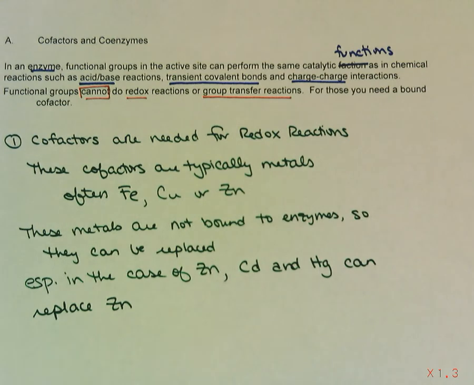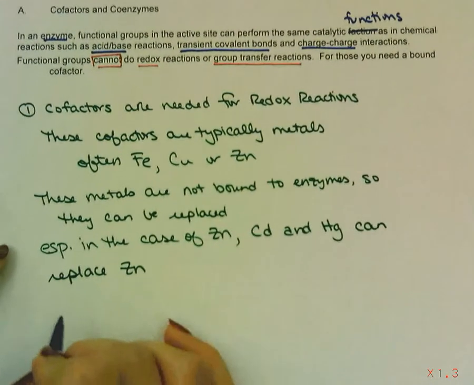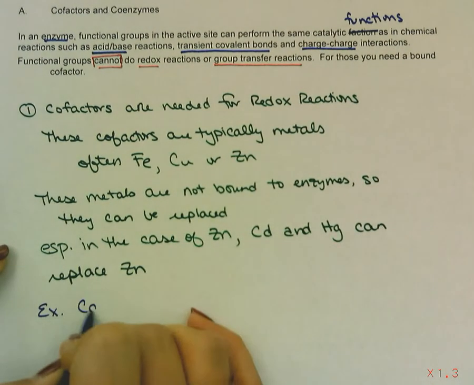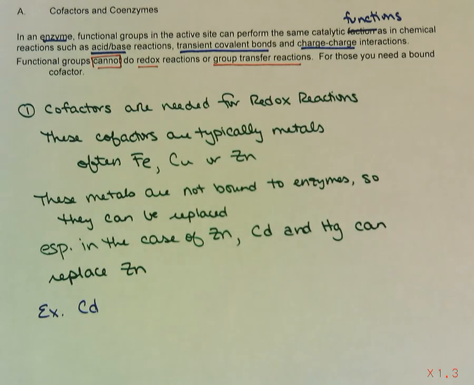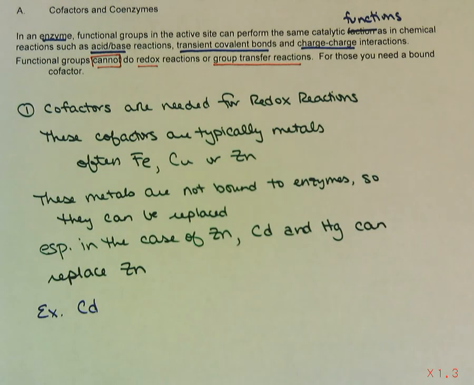So, for instance, let's talk about cadmium for just a minute. There's my tangent for the day. I don't know how many people have bought Hannah Montana jewelry in the past 5 or 6 years.